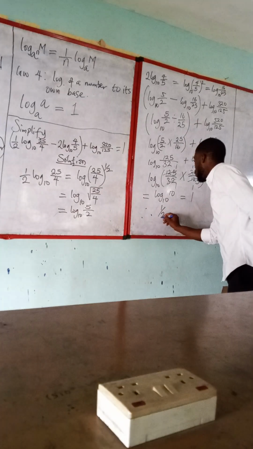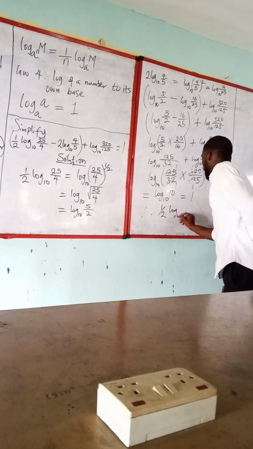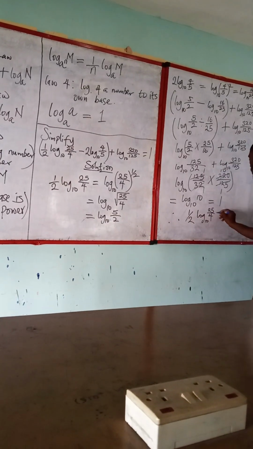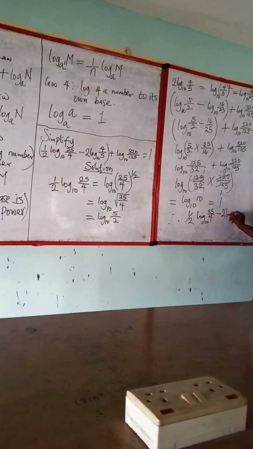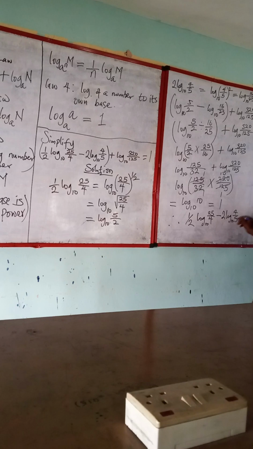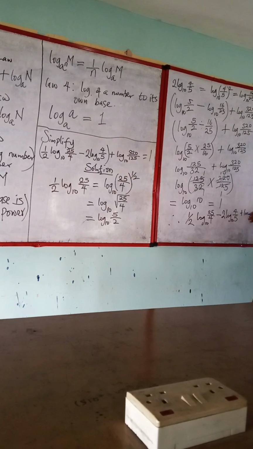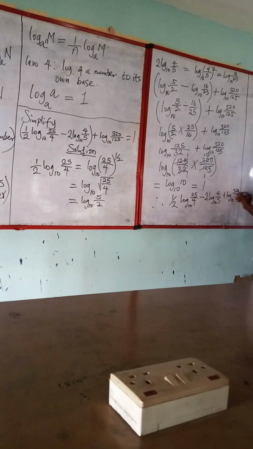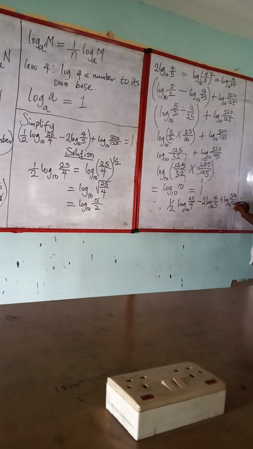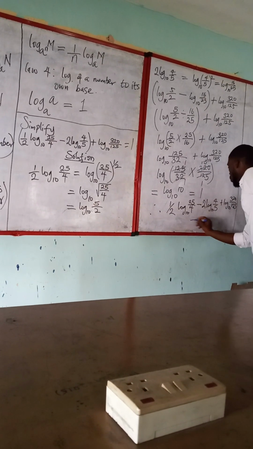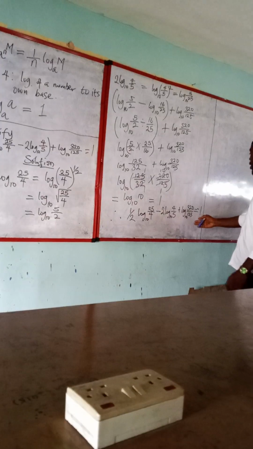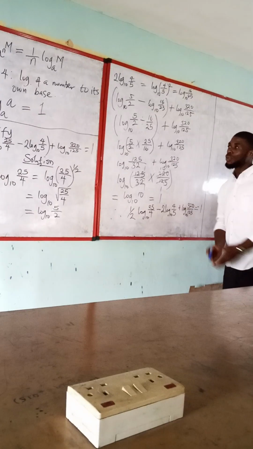That 1 over 2 log base 10 of what? 25 over 4 minus 2 log base 10 of 4 over 5 plus log base 10 of 320 over 125 is equals to what? 1. Okay, it's now equals to what? 1.